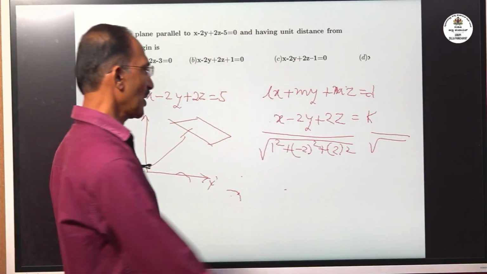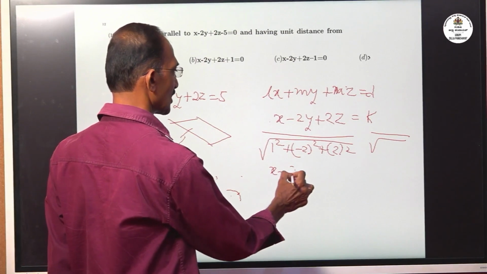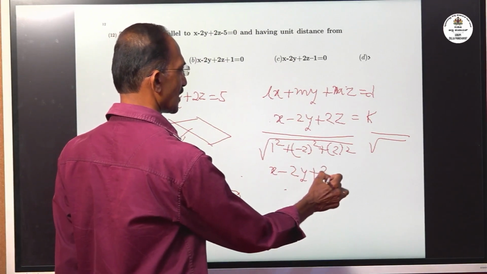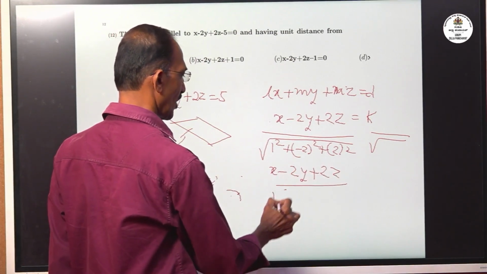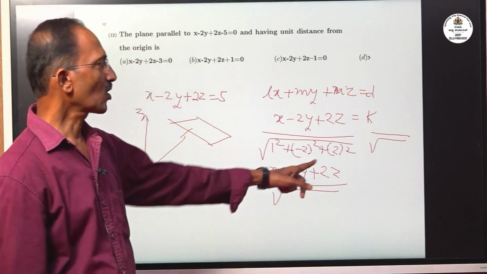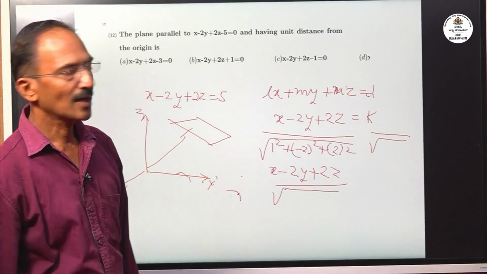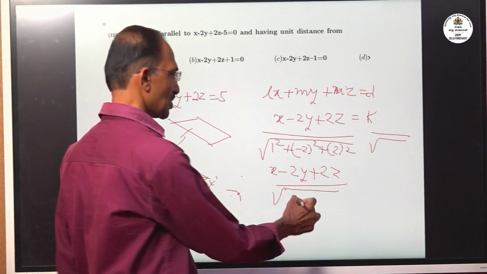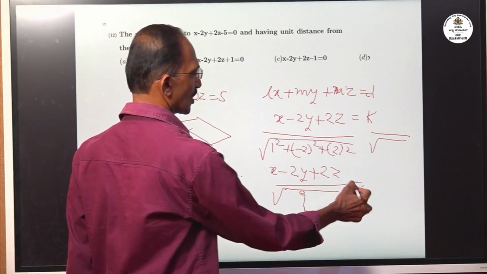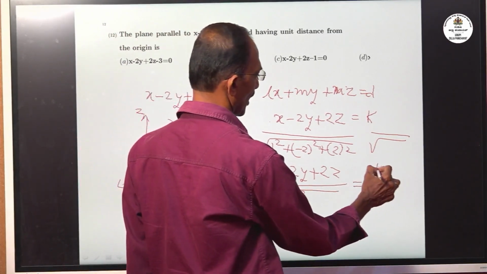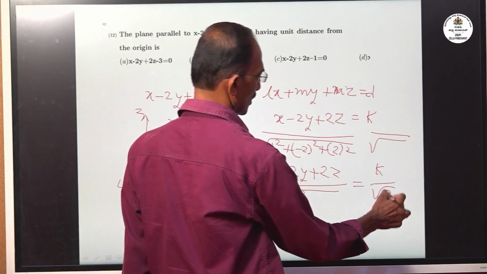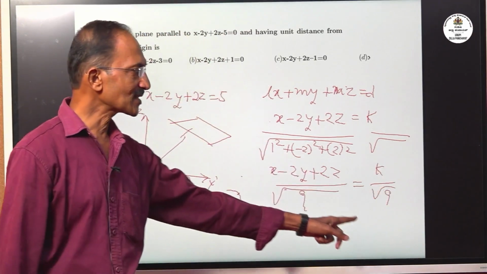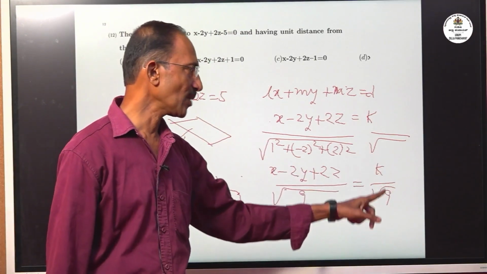So what is the denominator? That is x minus 2y plus 2z divided by root of 1 plus 4 plus 4, that is root 9. So this also you divide k by root 9. To make the distance 1, that is k by root 9.